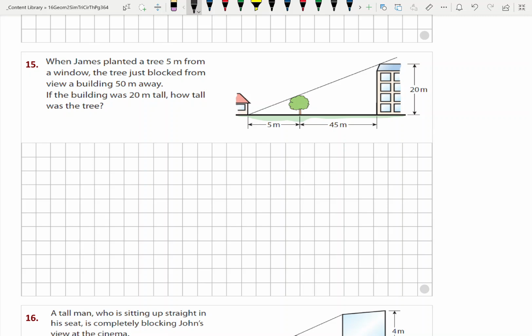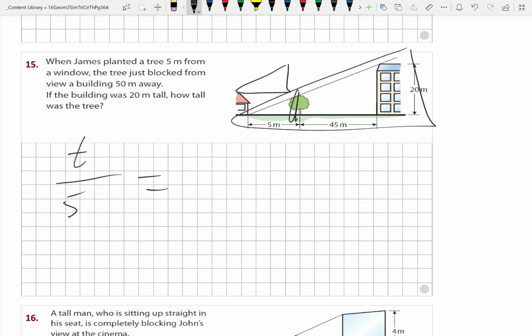Okay, so we have our small triangle over here and our big triangle here. So this over 5, just call it T for the height of the tree, over 5 equals 20 over 50. You see those two are together, the compound length.